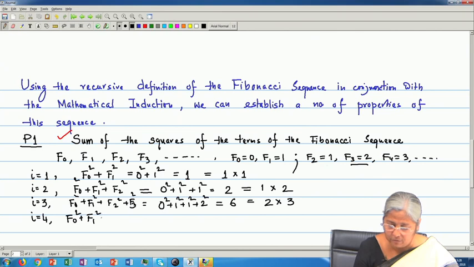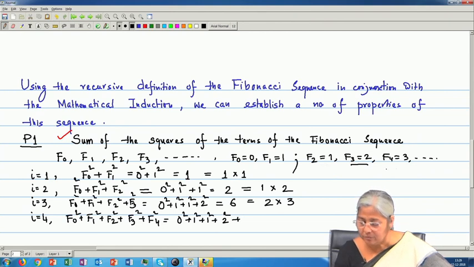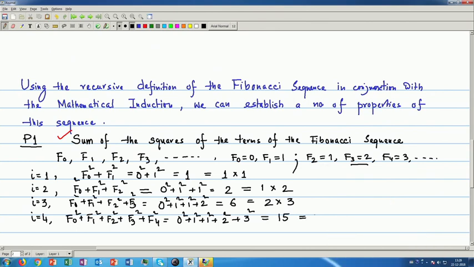Now, if I continue in this way, f2 square plus f3 square plus f4 square, again this becomes 0 square plus 1 square plus 1 square plus 2 square plus f4 is 3. So, 3 square, and this is 9 plus 6, this is 15, this becomes 3 into 5.